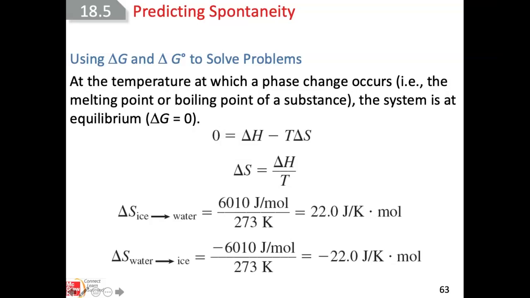And for the reverse process, of course, it's a minus. So at 0 degrees Celsius, ice will turn into liquid water. And at that temperature, the delta S is actually negative 22.